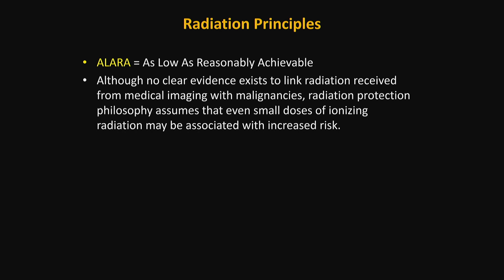It's also important to know the linear non-threshold principle, which states that although no clear evidence exists to link radiation received from medical imaging with malignancies, radiation protection philosophy assumes that even small doses of ionizing radiation may be associated with increased risk. This is the most conservative principle when we describe radiation principles, but because of this, it certainly follows that we should always try to achieve the ALARA principle.